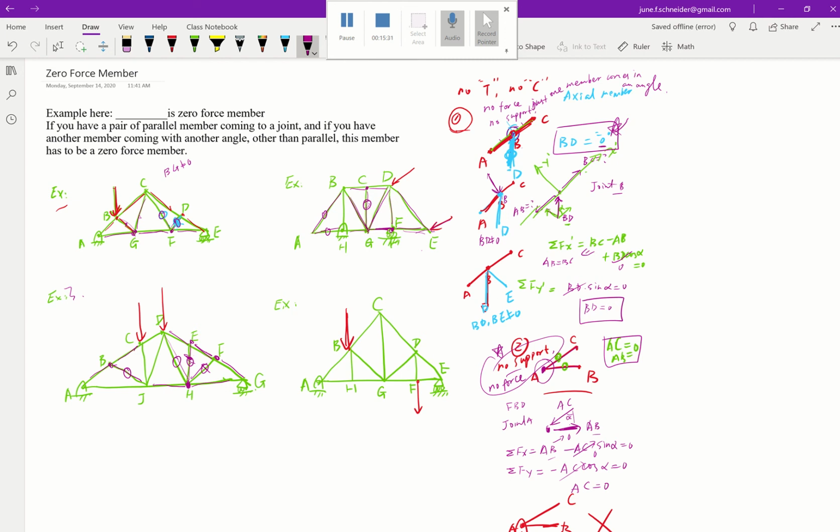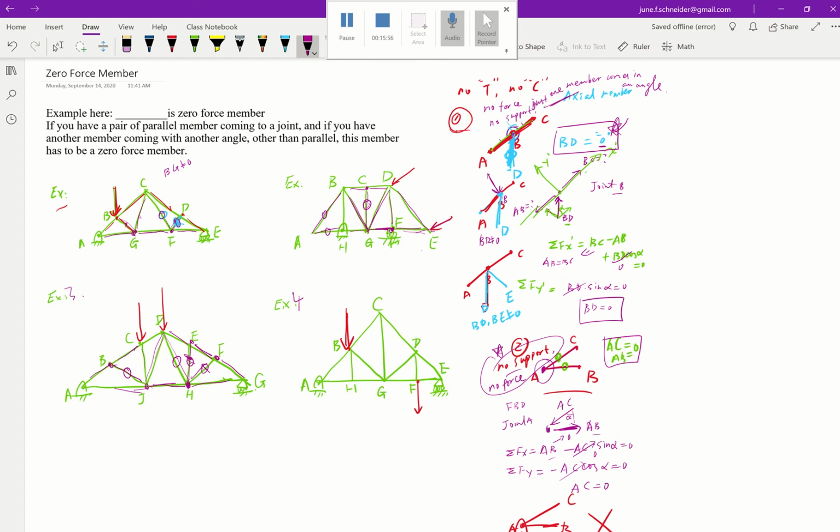So can you believe that all those three are going to be zero force members? Now let's look at this. AJ and JH connect at J. BJ is a zero force member, but you have CJ and DJ. There are two members coming in, so they are not zero force members. We have to have just one member come in.